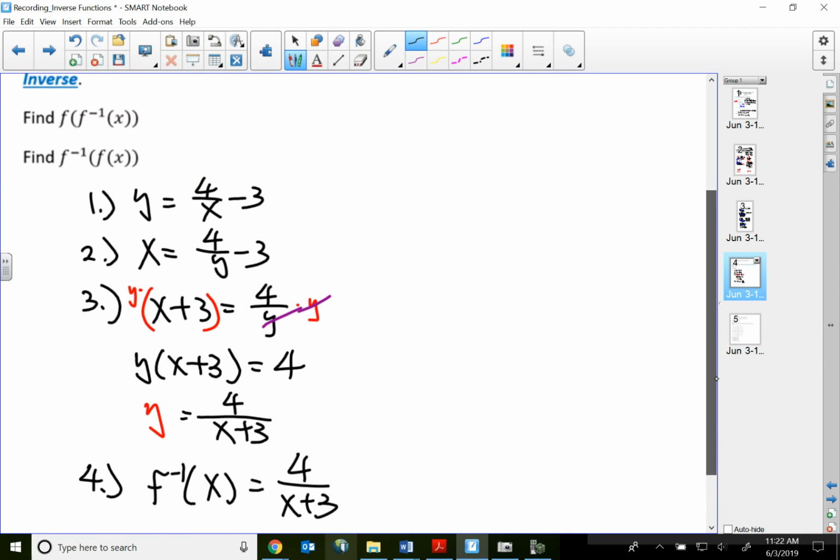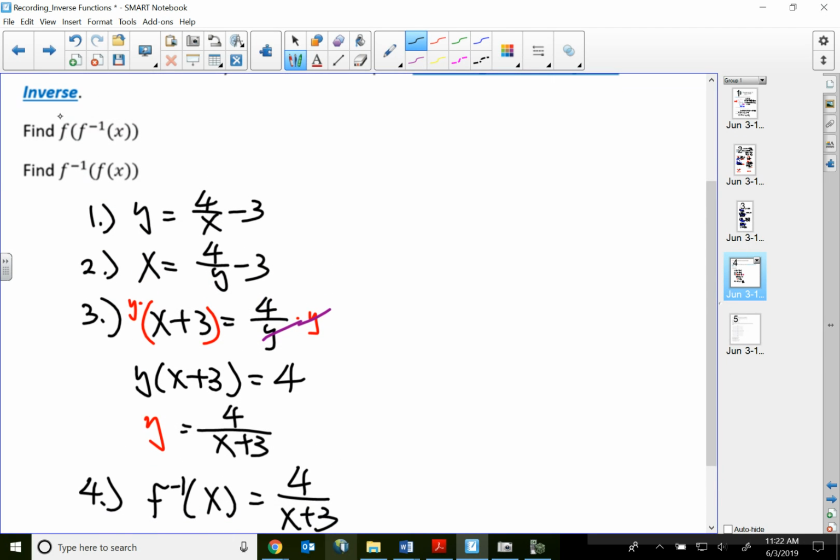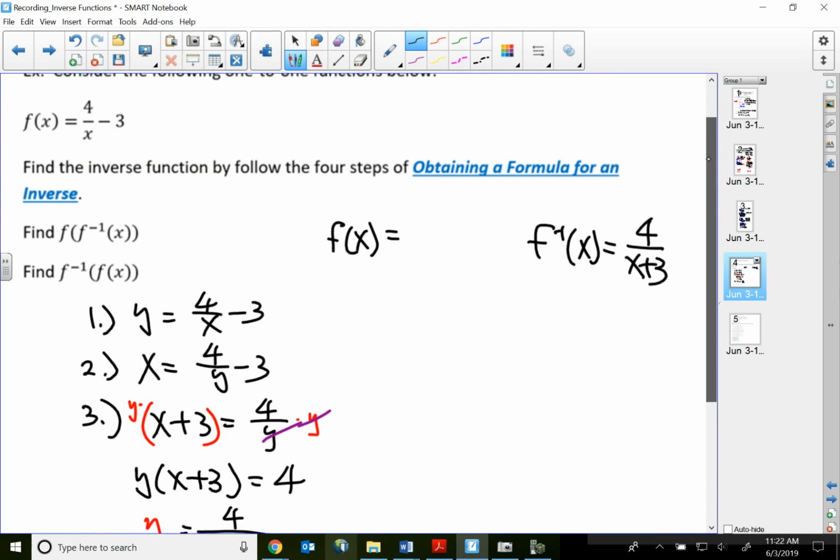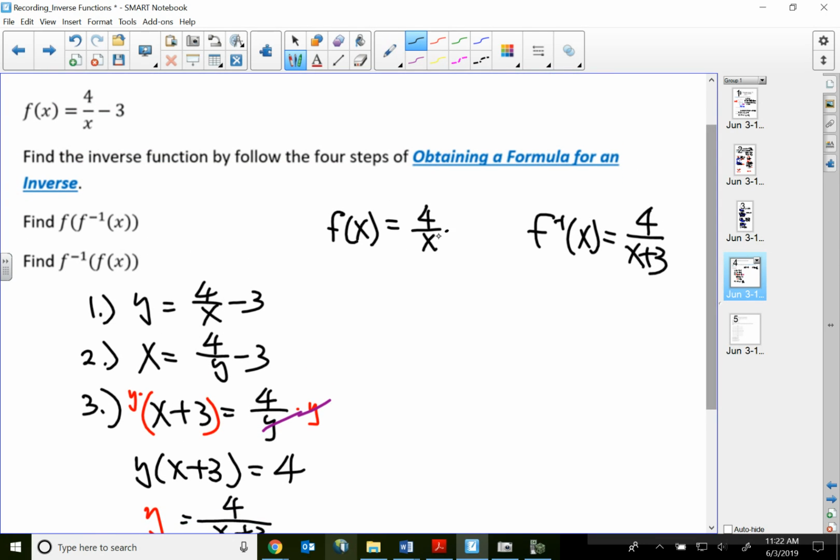Now, the second part is the composition of the two functions. Find f of f inverse of x. So that means I need to substitute the inverse function into my original function f. So my original function f, let me write this down first, is 4 over x minus 3.